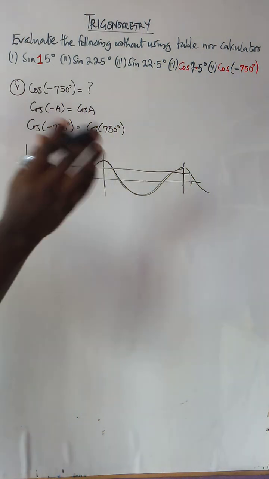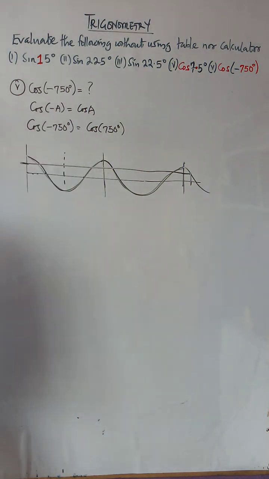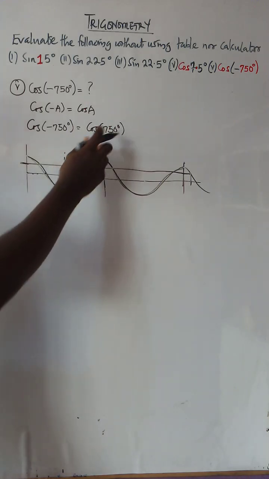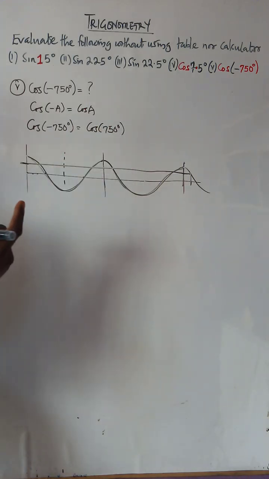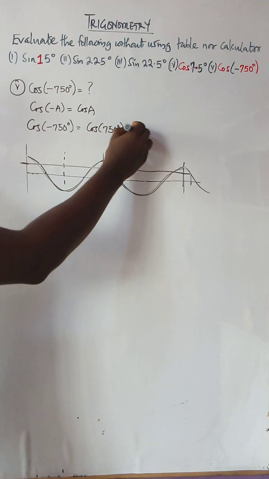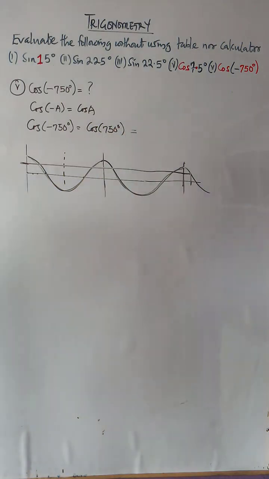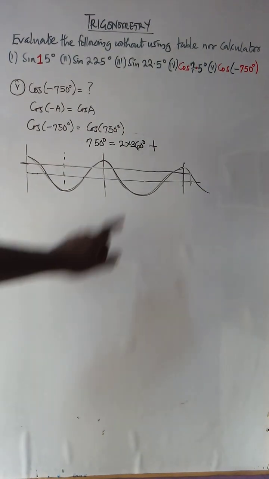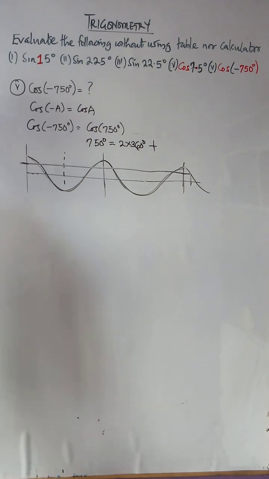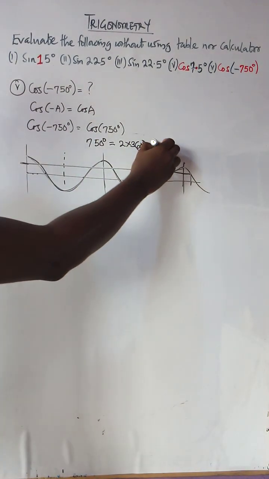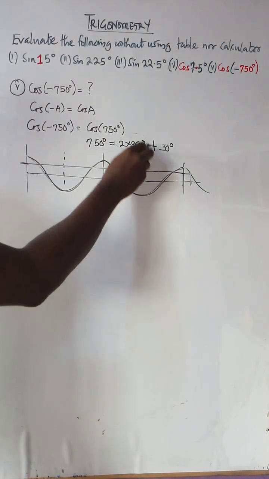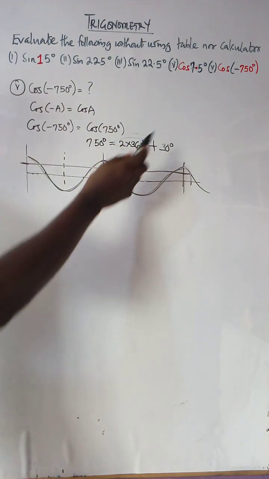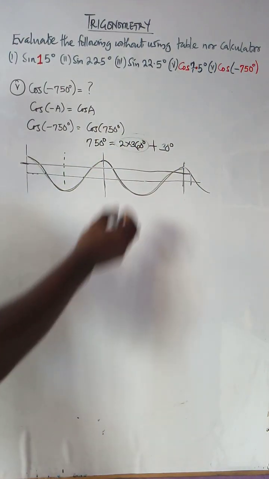But in order to avoid all this diagram, this is what you do. You ask, how many 360 can you see in 750? You can see it twice. So here, we can write 750 as 2 times 360, which is 720, plus what will remain, 30 degrees. Neglect the multiple of 360 and focus on the remainder.